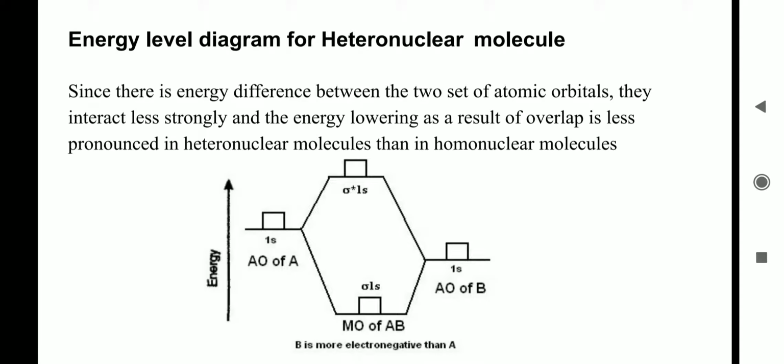Now since there is an energy difference between these two sets of atomic orbitals, there is less strong interaction, or we can say less effective overlap, and hence heteronuclear molecules are a little weaker as compared to homonuclear molecules in terms of stability.